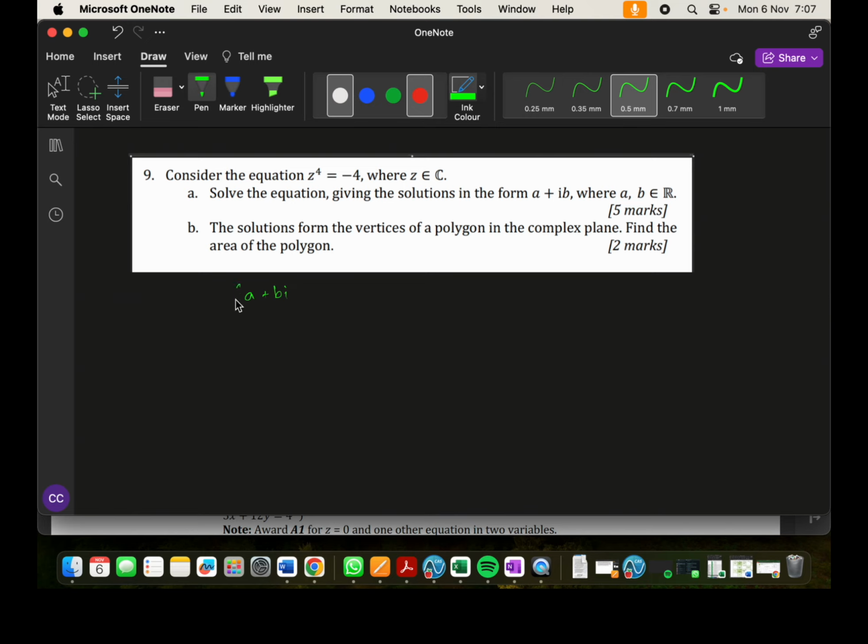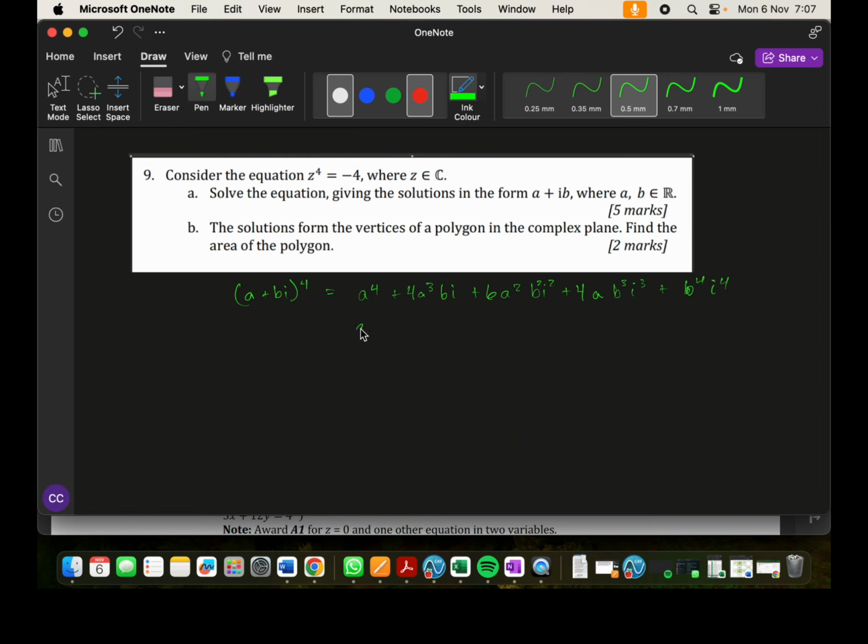So a plus bi to the 4th power. Well, the binomial theorem tells me that that's going to be a to the 4th plus 4a cubed bi plus 6a squared b squared i squared, plus 4a b cubed i cubed, plus b to the 4th i to the 4th.